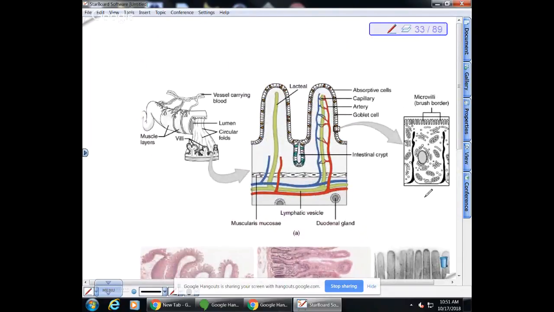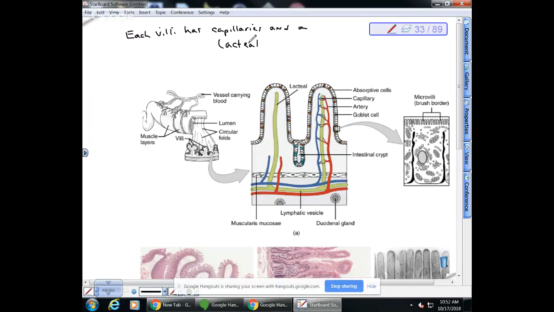So when we look at the absorption, each villus has capillaries and a lacteal. So the lacteal is green. So we know from studying the lymphatic system that the lymphatic system is usually drawn in green.